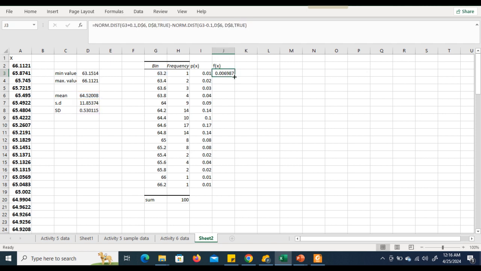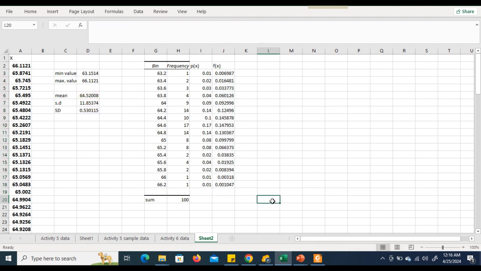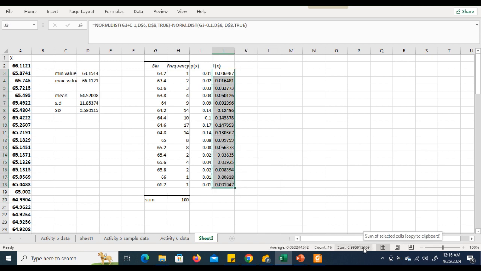So if we drag this value, then we can get all other probabilities also. Of course we need to eliminate this part, right? So you can see here, if we take the sum, its approximately value is 1 only, right? And now this is the actual normal probability, okay, and this is the actual probability, okay.